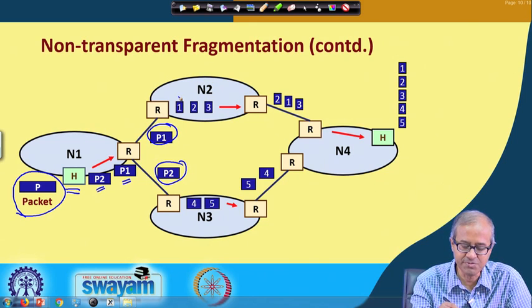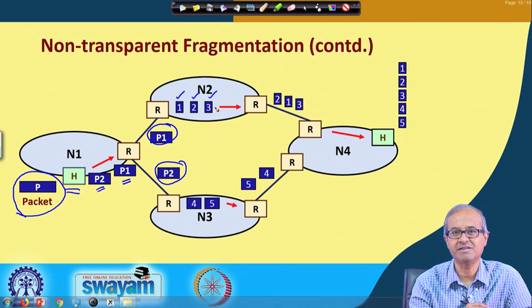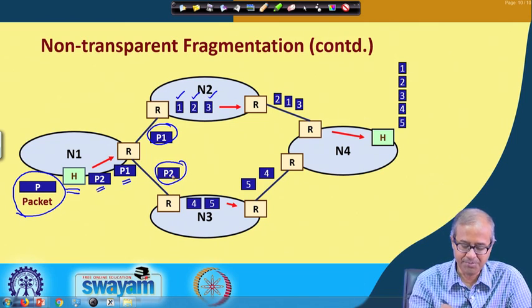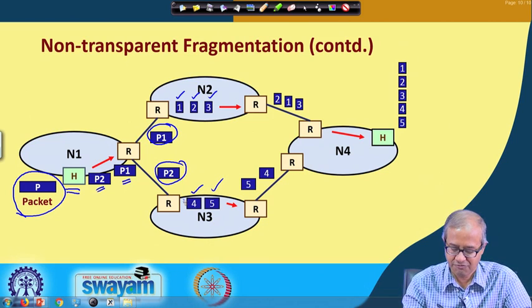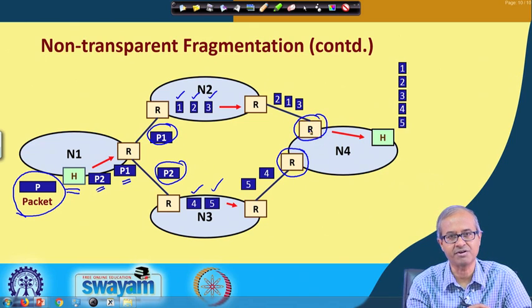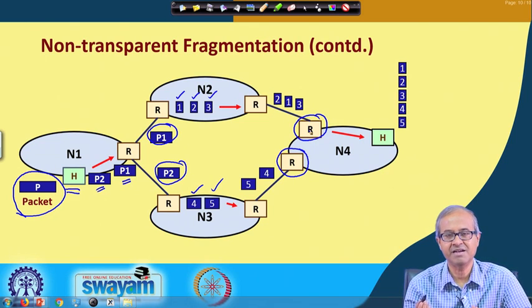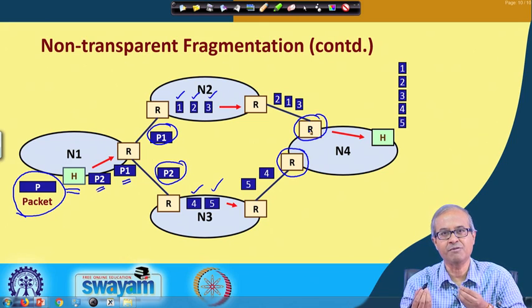So, this P1 is broken up into 3 smaller fragments, let us say 1, 2, 3. On the other hand, P2 is broken up, let us say, into 2 fragments 4 and 5. Okay. So, 4 and 5 will be forwarded to network N4 via some router, and 1, 2, 3 will be forwarded to network N4 via some other router. Now, as I said, IP does not guarantee order of delivery of the packets.